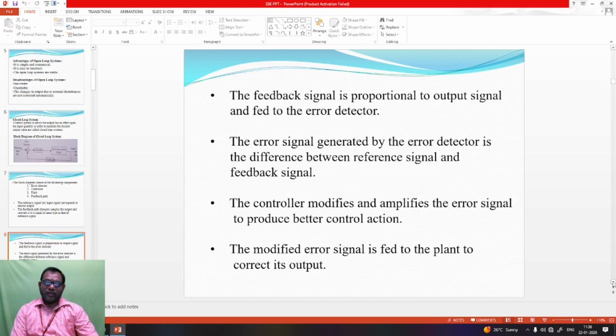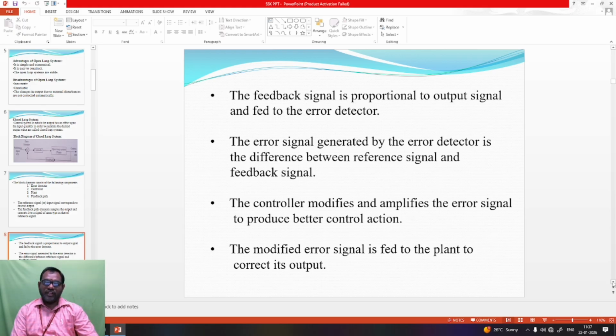So the controller modifies and amplifies the signal, amplifying the error signal to produce better control action at the output of the controller. The output of the controller depends on the error signal amplification process. Whatever error is available will be rectified by using the controller.